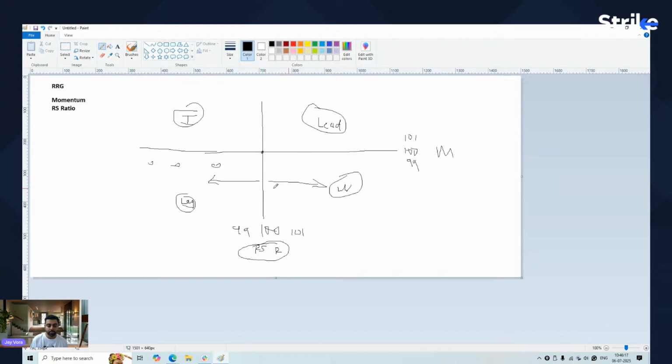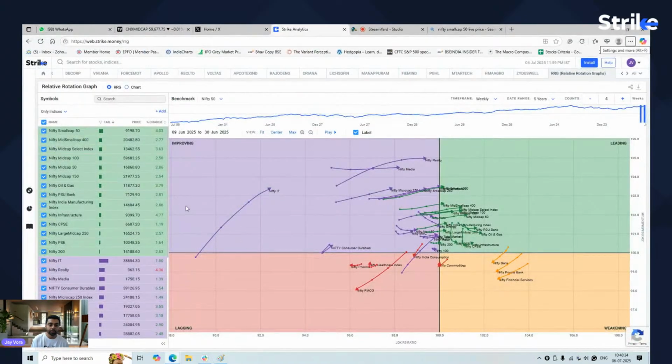As I mentioned, anything on the right hand side means that those stocks or sectors are outperforming the benchmark, and anything on the left hand side means they are underperforming. Now see what happens over here.